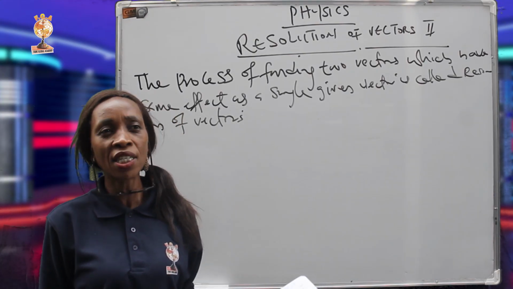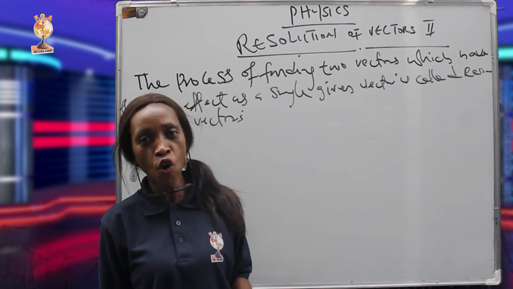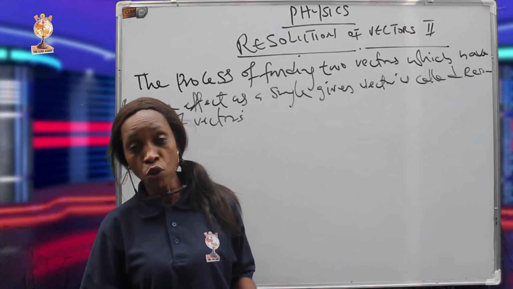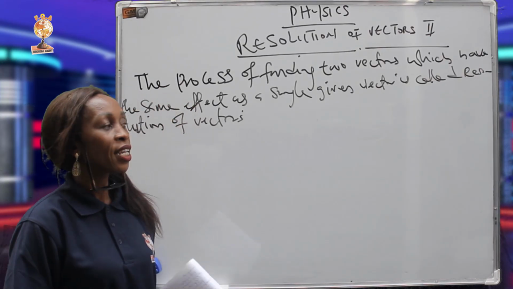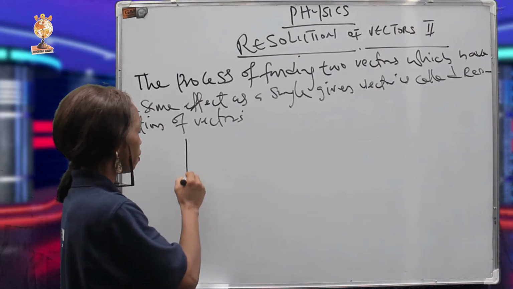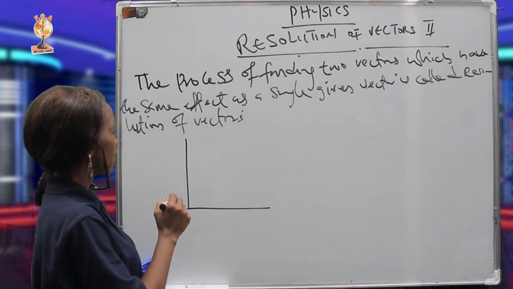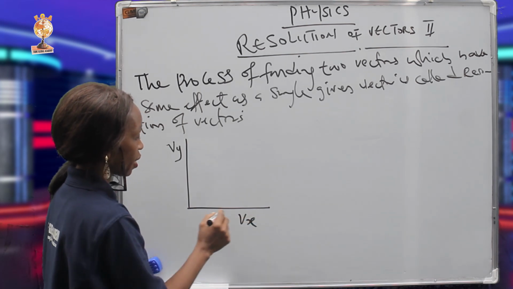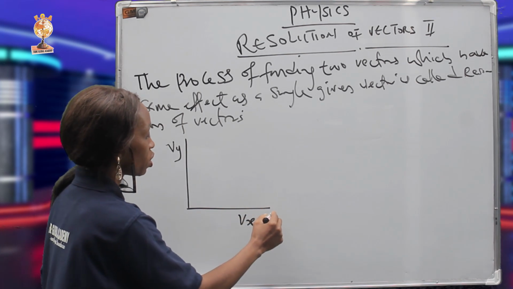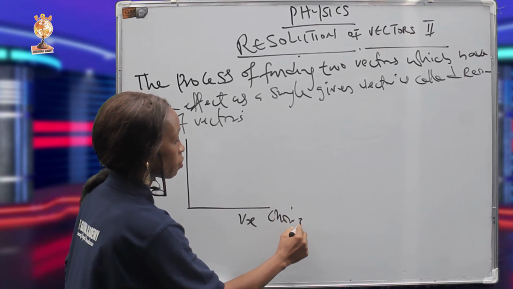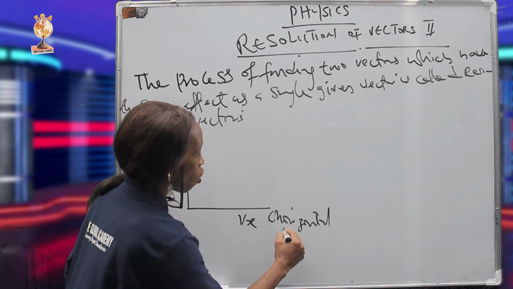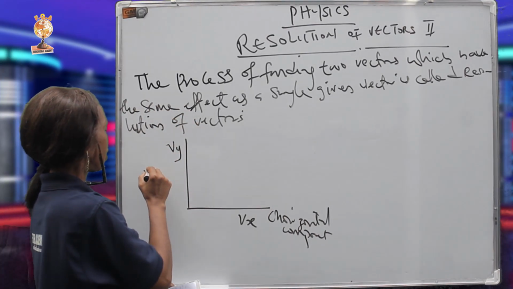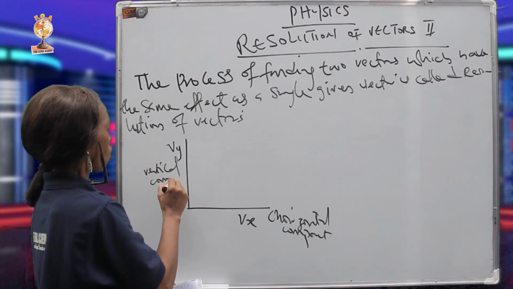And we did justice to it, and we said first of all that it must be resolved into two components, which are the x component and the y component, or the horizontal and vertical coordinates. All the x are the horizontal component, and the y's are the vertical component.